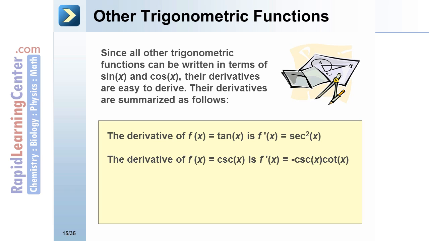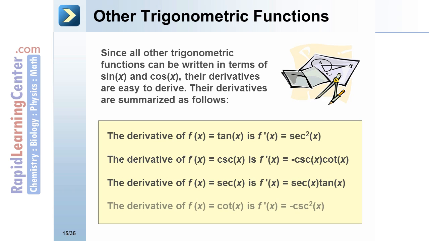The derivative of f of x equals the cosecant of x is f prime of x equals negative cosecant of x cotangent of x. The derivative of f of x equals the secant of x is f prime of x equals secant of x times tangent of x. The derivative of f of x equals the cotangent of x is f prime of x equals negative cosecant squared of x.